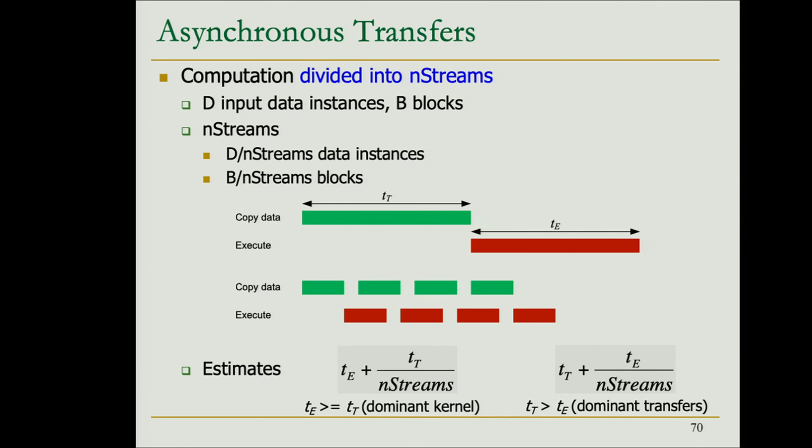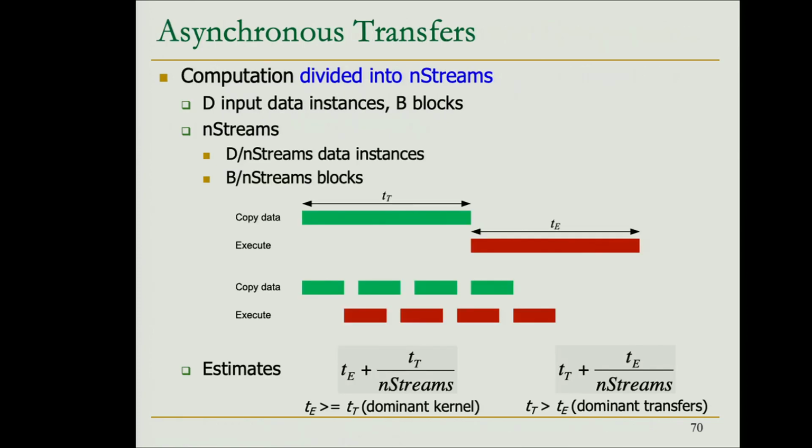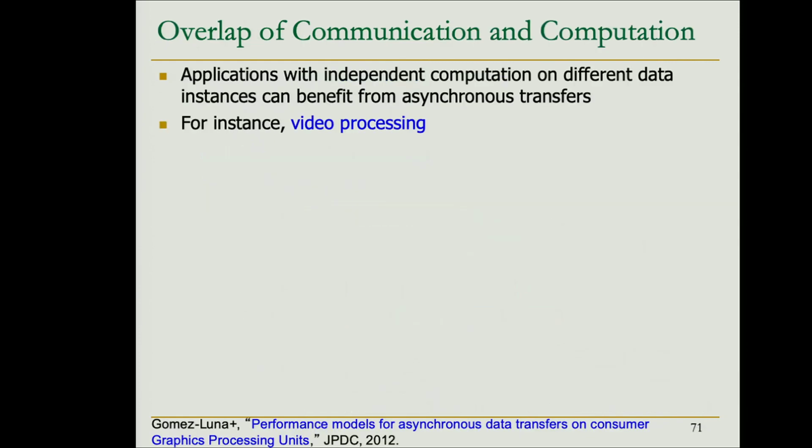And this is the other way around in case the transfers are dominant. I guess that you get the point. Obviously, from dividing the computation in multiple streams, there is a little overhead of managing this, but in principle, it's really worth trying.